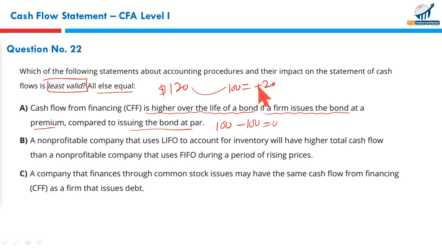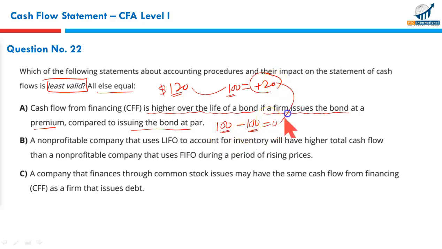Now read the statement again. Cash flow from financing is higher over the life of a bond if a firm issues the bond at a premium. If the bond has been issued at a premium, the difference between premium and par would represent the net flow to financing activities. And if it has been issued at par, a 100 bond at par redeemed at 100 par, net is zero.